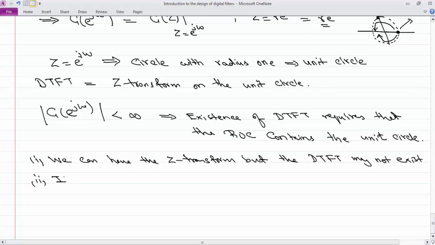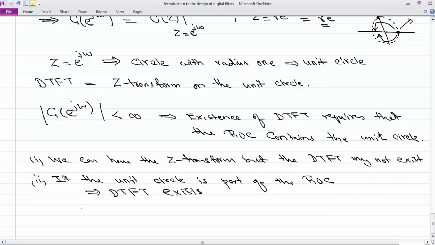If the unit circle is part of the region of convergence, then DTFT exists. If the unit circle is not part of the region of convergence, then the DTFT does not exist, or at least it does not exist in the absolute value sense.